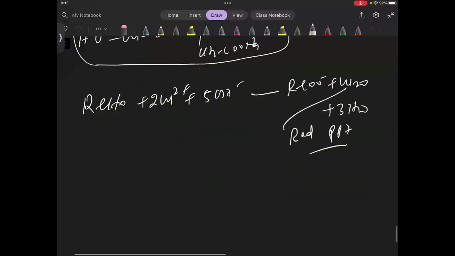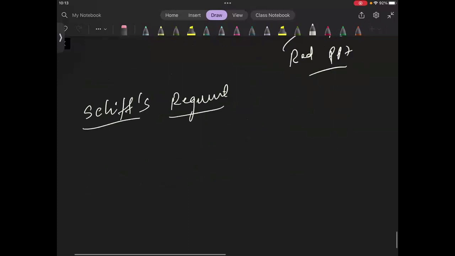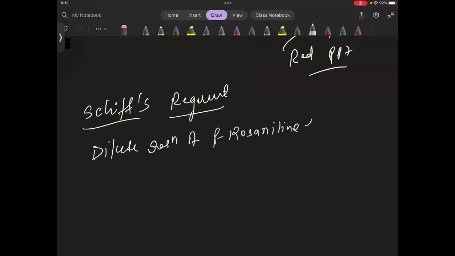Now we talk about the Schiff reagent. Students, what is Schiff reagent? You have heard of it in the addition of ammonia derivatives. So Schiff reagent is a dilute solution of pararosaniline hydrochloride.